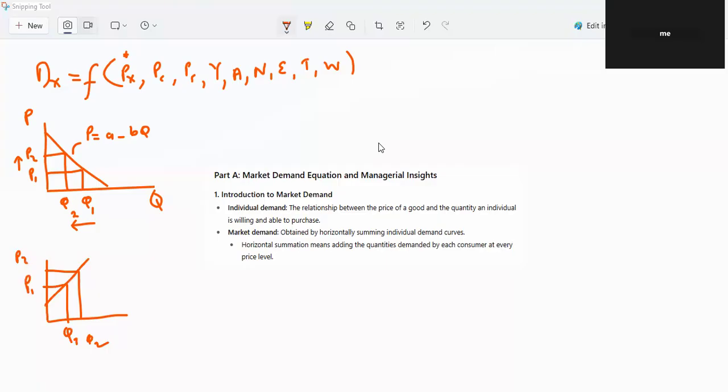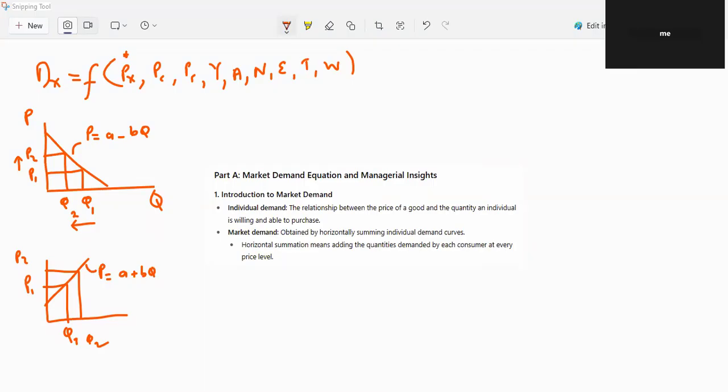For this reason, our supply function is given by P = A + BQ. The only difference is that supply has a positive and demand has a negative slope.